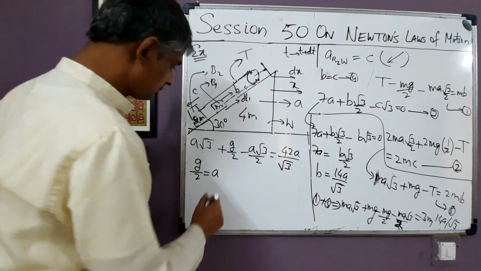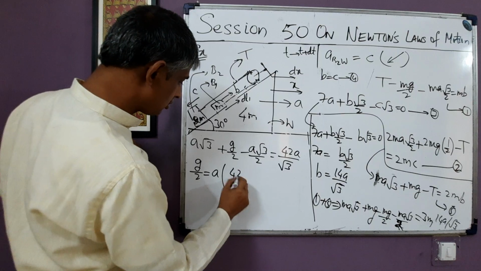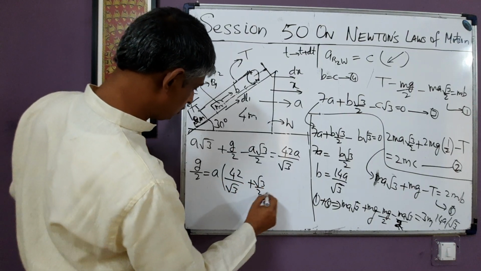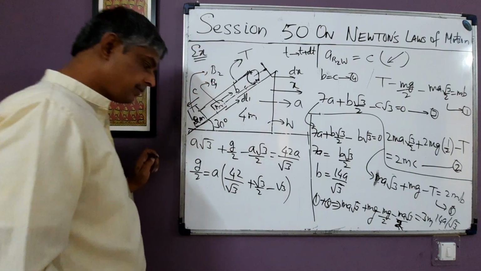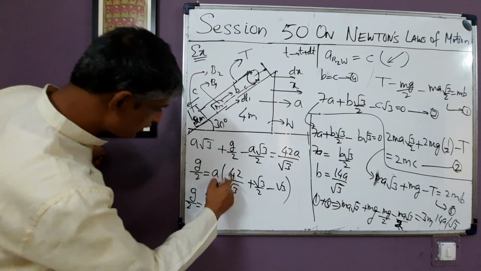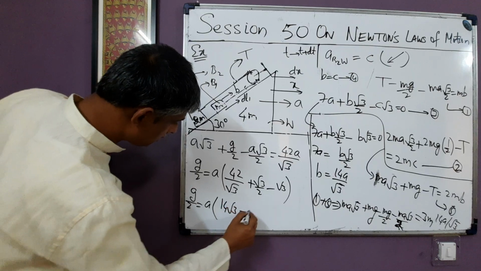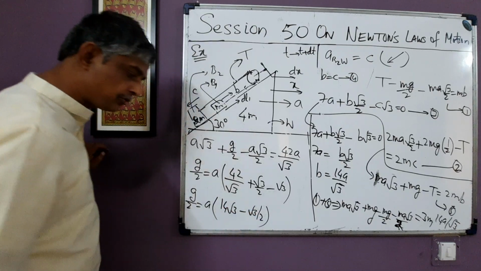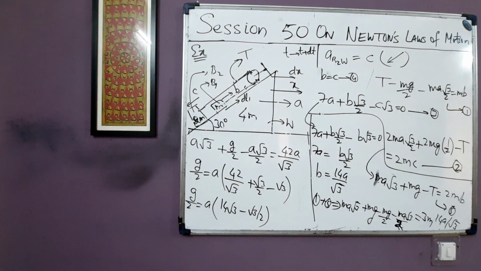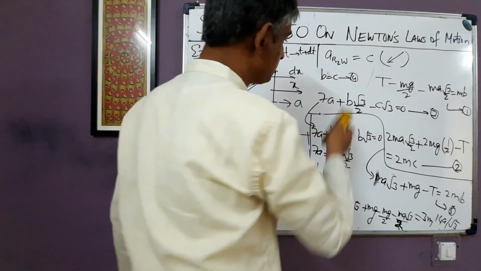A common becomes 42 by root 3 plus root 3 by 2, g by 2 equals A. This becomes 14 root 3 plus root 3 by 2.